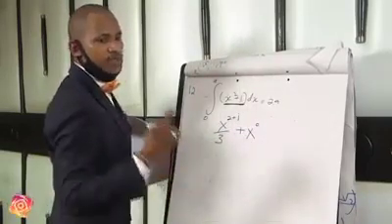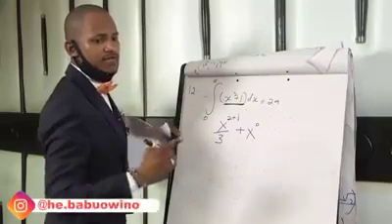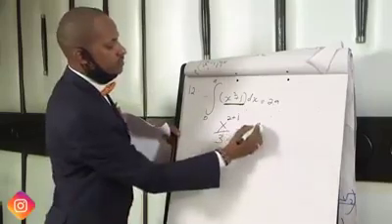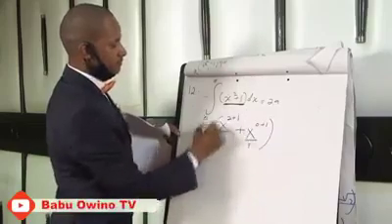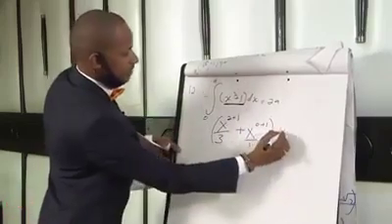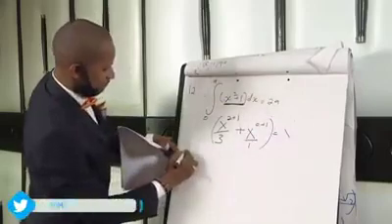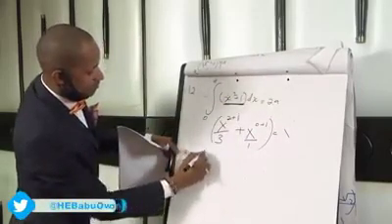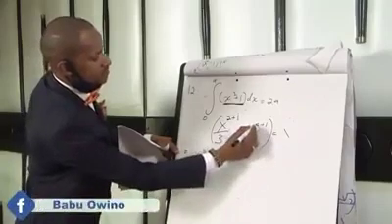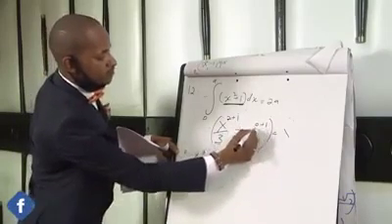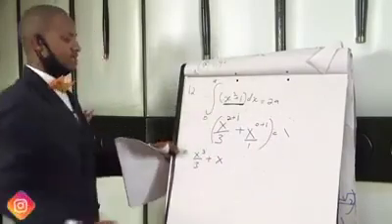I told you any number raised to power 0 is 1. Any letter raised to power 0 is 1. So x raised to power 0 plus 1 divided by 1. What do we get here? This is x cubed divided by 3 plus x raised to power 1. 0 plus 1 is 1. X raised to power 1 is just x.